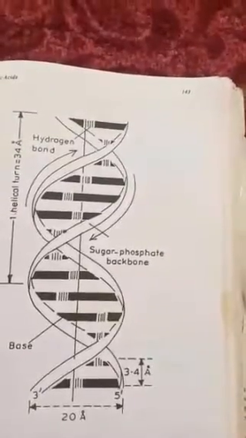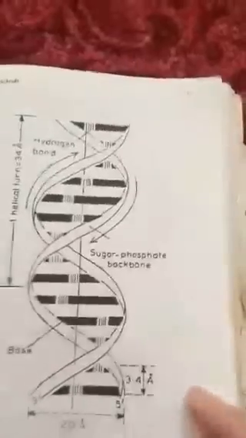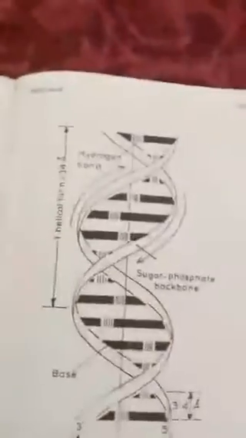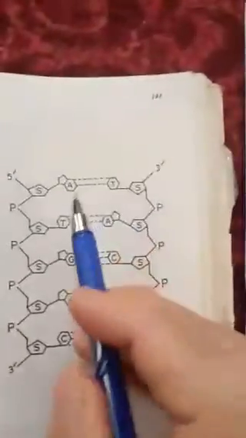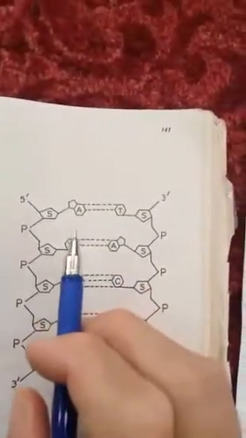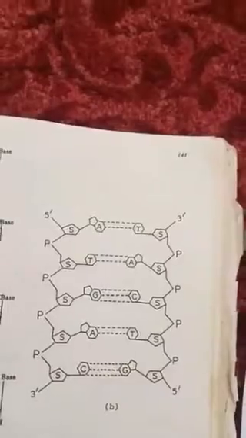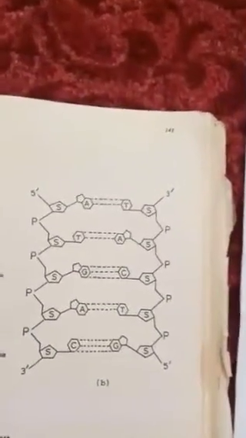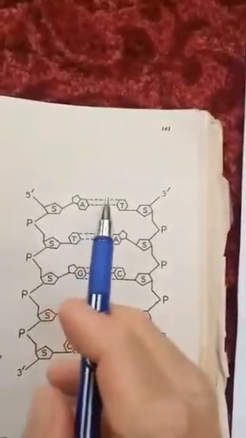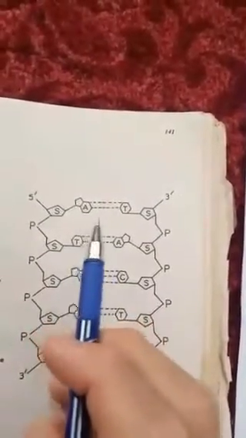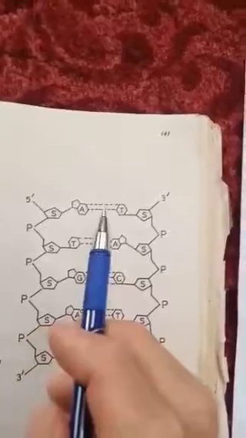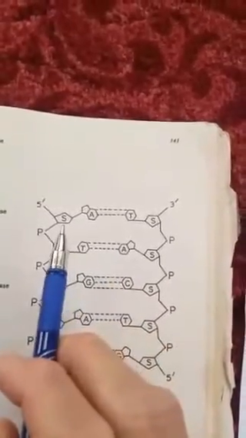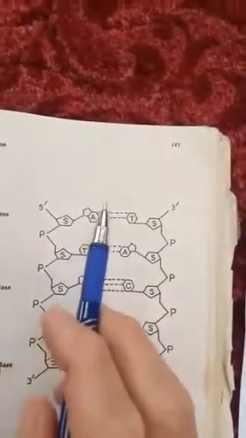One of the major holding forces that hold the two chains together is the hydrogen bonds between base pairs. You can have a look here, hydrogen bonds. These are hydrogen bonds between base pairs. Thymine is always paired with adenine by two hydrogen bonds.